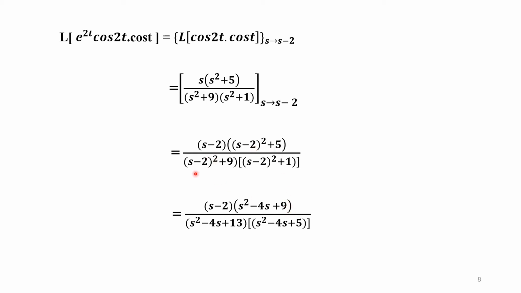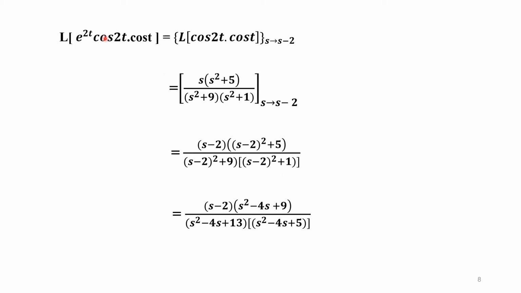Here s square minus 4s plus 4 plus 9, that is 13. s square minus 4s plus 4 plus 1, that is 5. So L of e raised to 2t cos 2t cos t is equal to s minus 2 into s square minus 4s plus 9 upon s square minus 4s plus 13 into s square minus 4s plus 5.